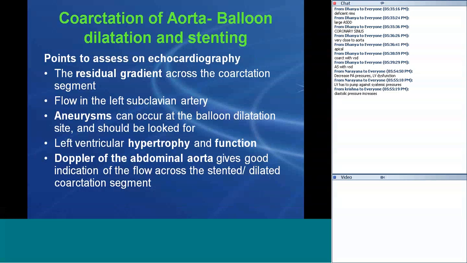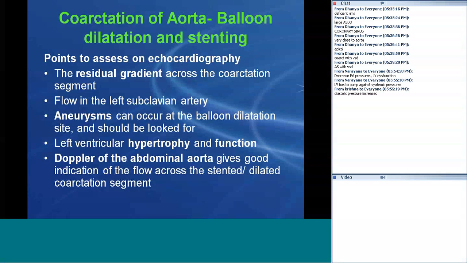Points to assess on the echocardiography will be residual gradients across the coarctation segment. Flow in the left subclavian artery is very important. You should demonstrate it, because sometimes when you put a stent with small diamonds, small studs, you have jailed the left subclavian artery, which means the stent has covered the left subclavian artery.